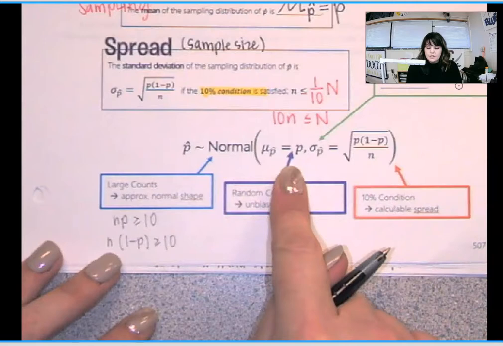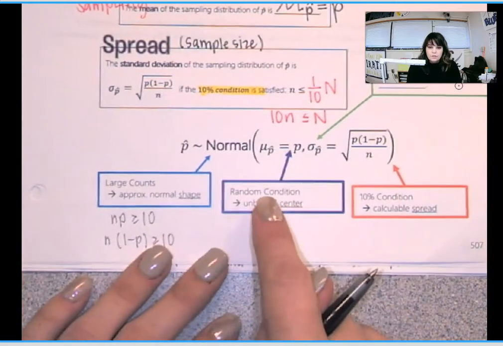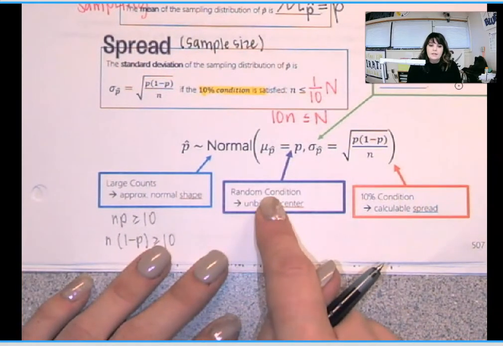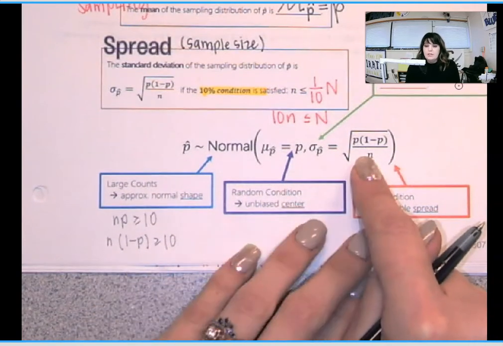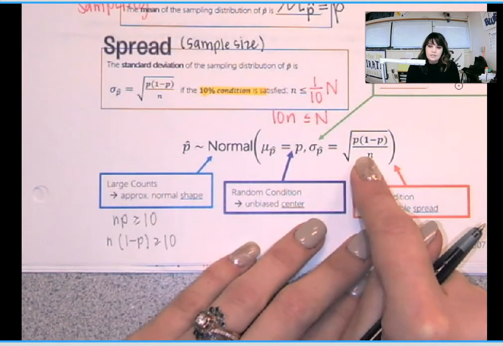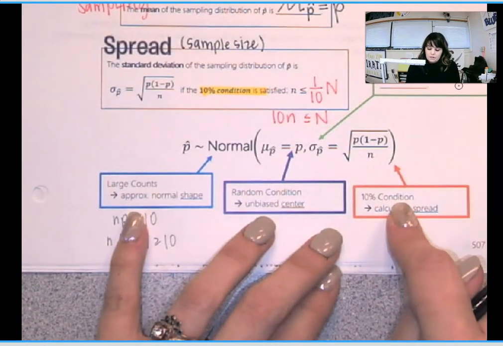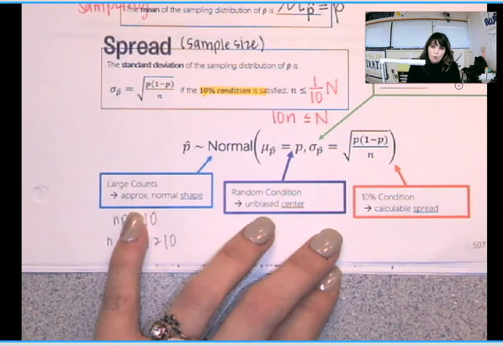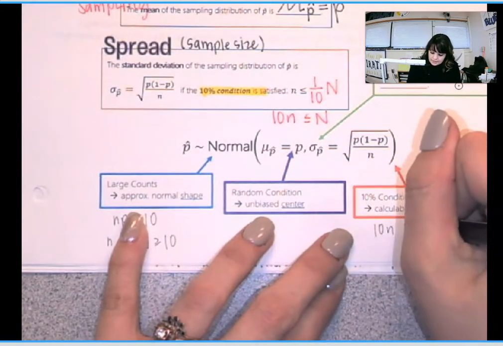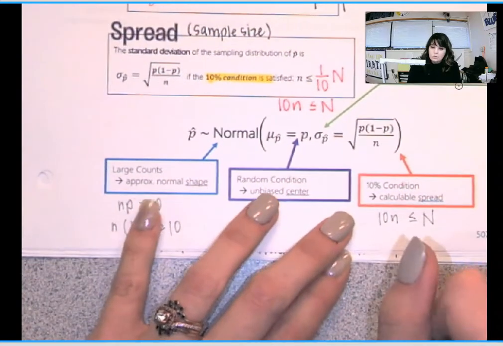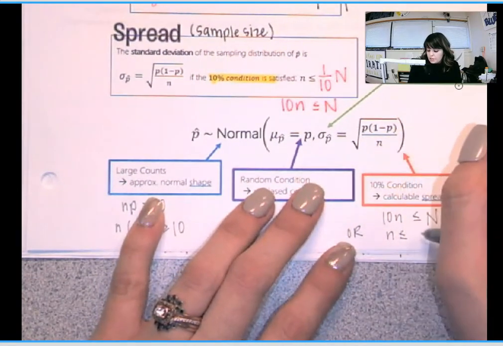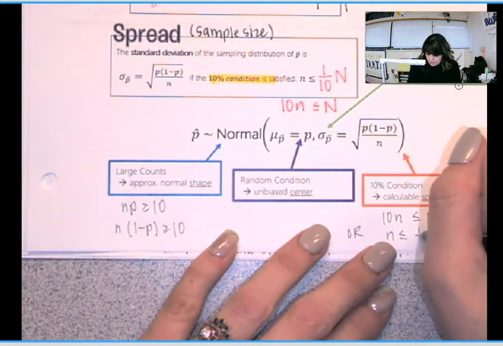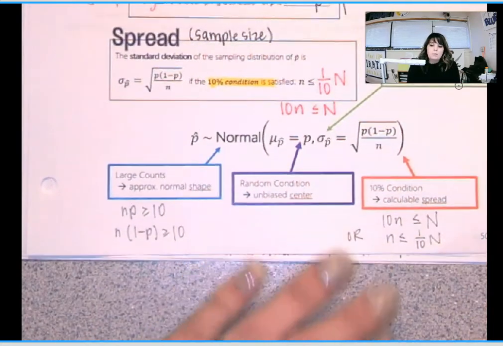It is centered on the true value if you took a random sample. And you can calculate the standard deviation if you satisfied the 10% condition, or you've checked 10 times n is less than or equal to the population size, or the sample is 1/10 of the population size.